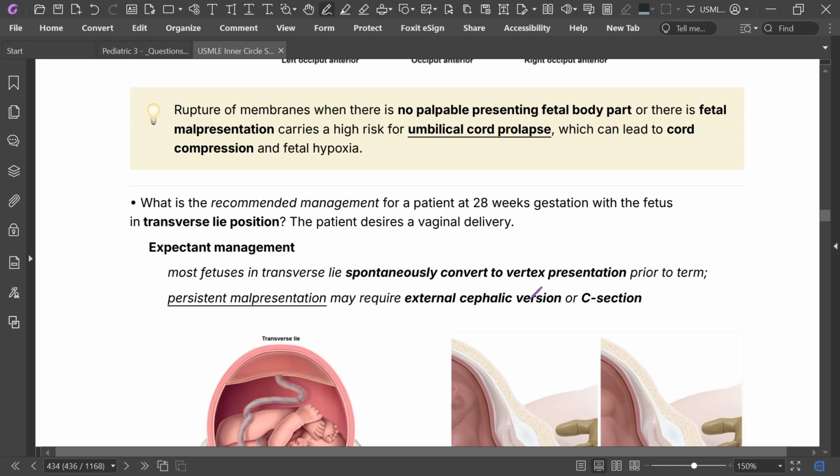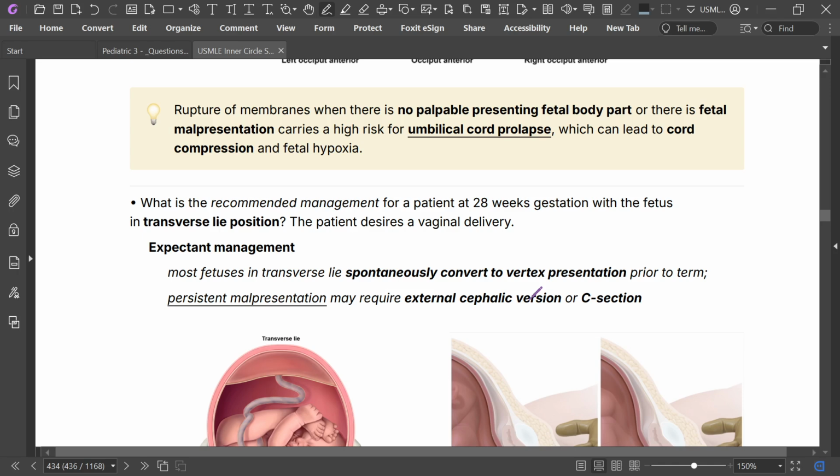Most fetuses in transverse lie spontaneously convert to vertex presentation prior to term. Persistent malpresentation may require external cephalic version or cesarean section.